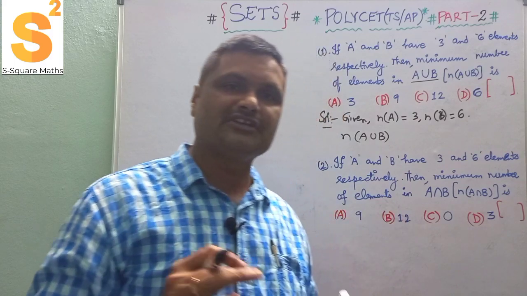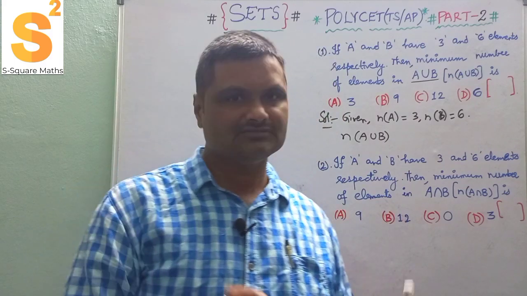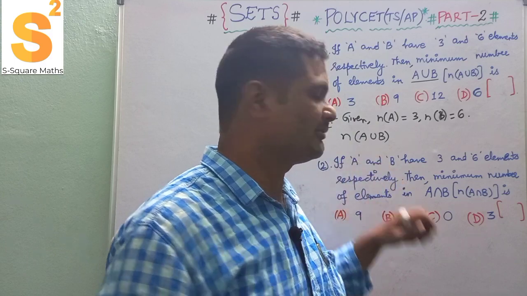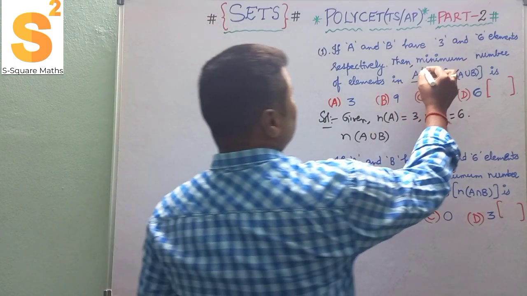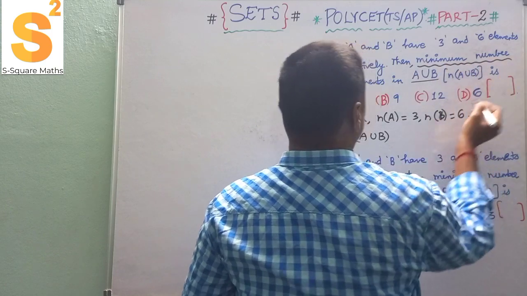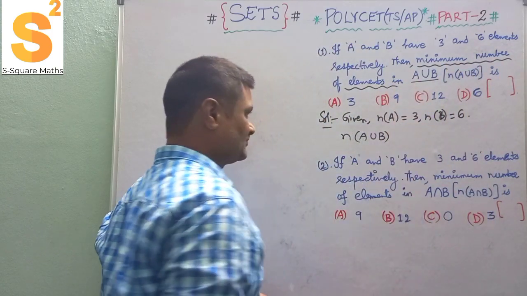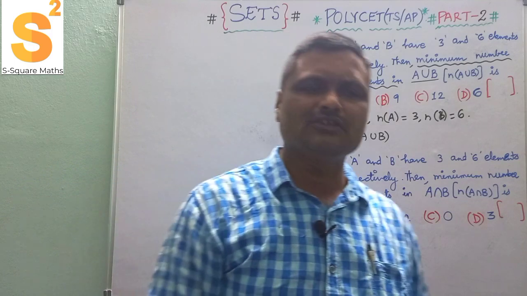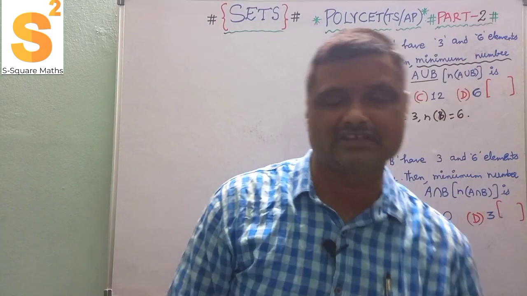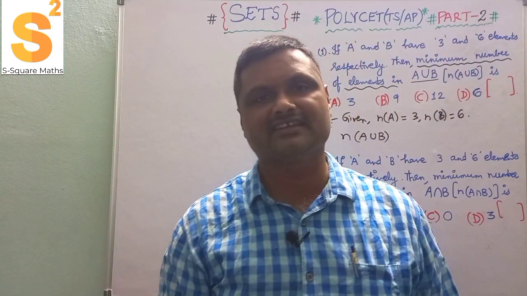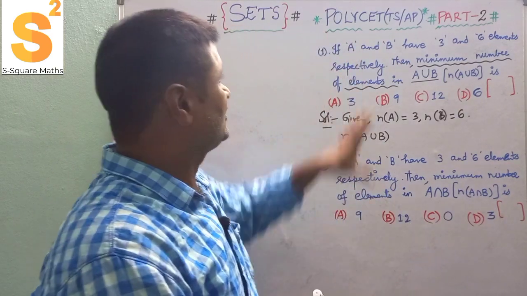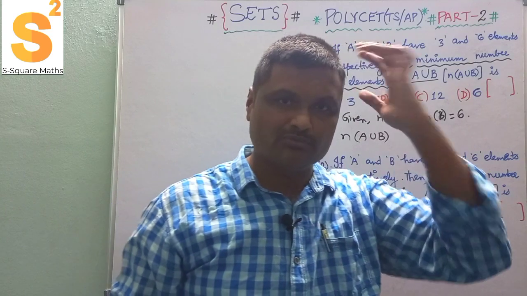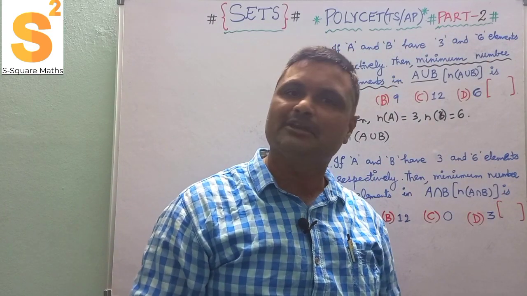A and B can be disjoint sets or general sets, whatever it may be. But they are asking the minimum number of elements in A union B. I hope that you know very well how to proceed with the problem by taking general examples. Here I am going to do it directly for the sake of PolyCET, so you have to use your mind in a proper way.